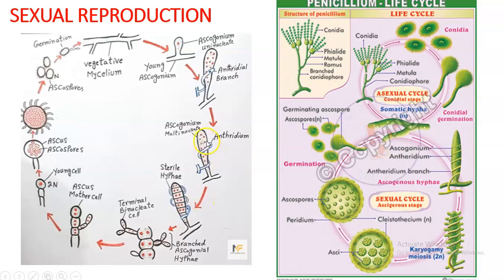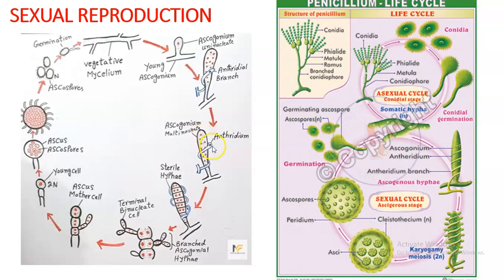Next, we are moving towards the crozier formation. How will it happen? Actually, the crozier formation as such is not happening, but the remaining steps, like ascus formation and ascospore formation, will happen.